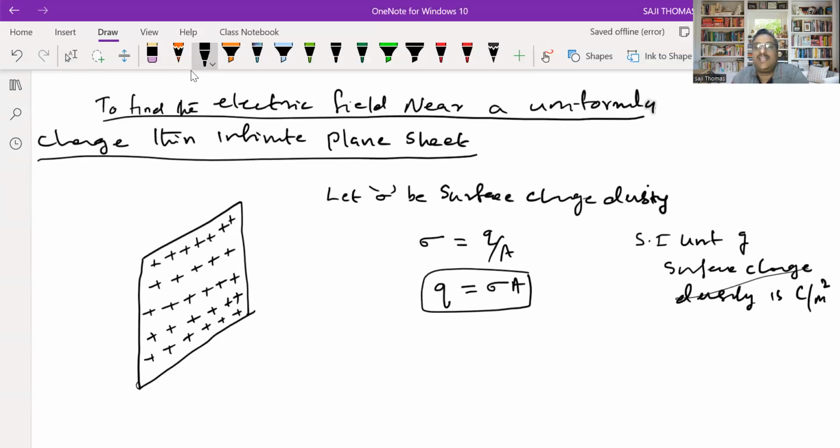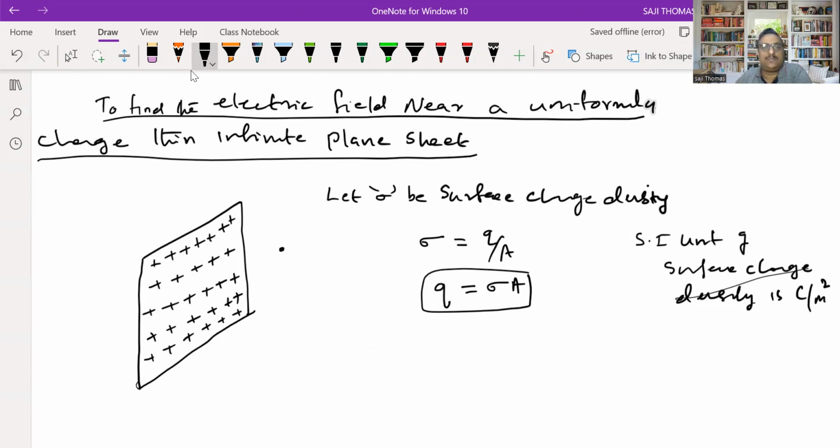So you have to consider a uniformly charged plane sheet. We assumed that sigma is the charge per unit area. And I am finding the electric field near it. So imagine a point near it.